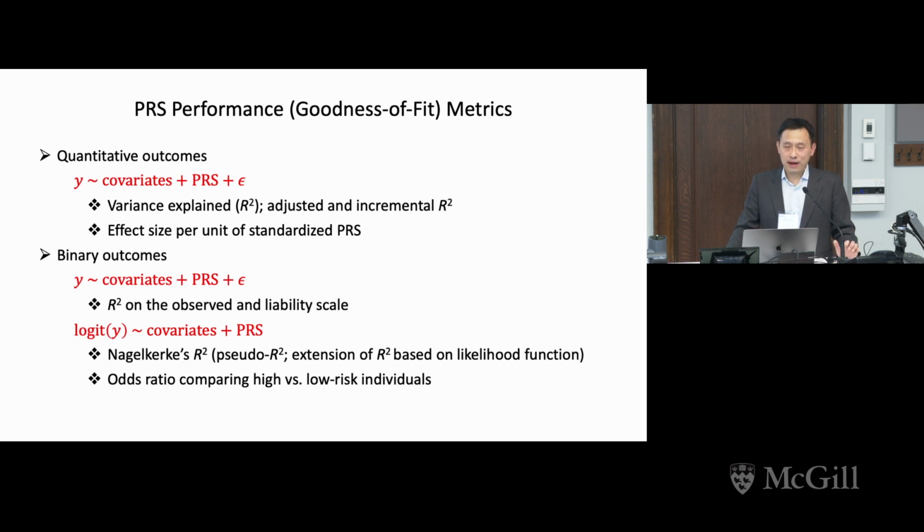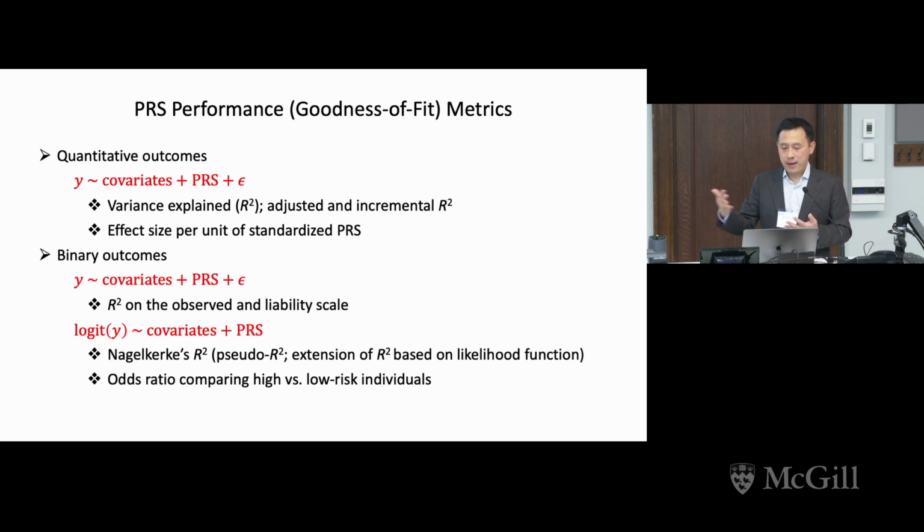What if you have a binary outcome? That is getting trickier, right? Because height is height, you can directly measure it. But for a binary outcome, you are actually measuring the case control status, whether someone gets the disease or not. But really, the underlying quantity you should measure is the disease risk.